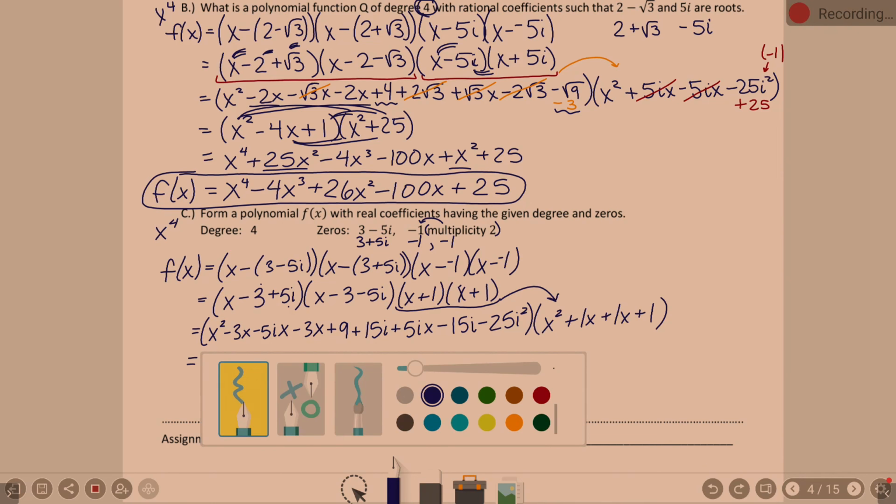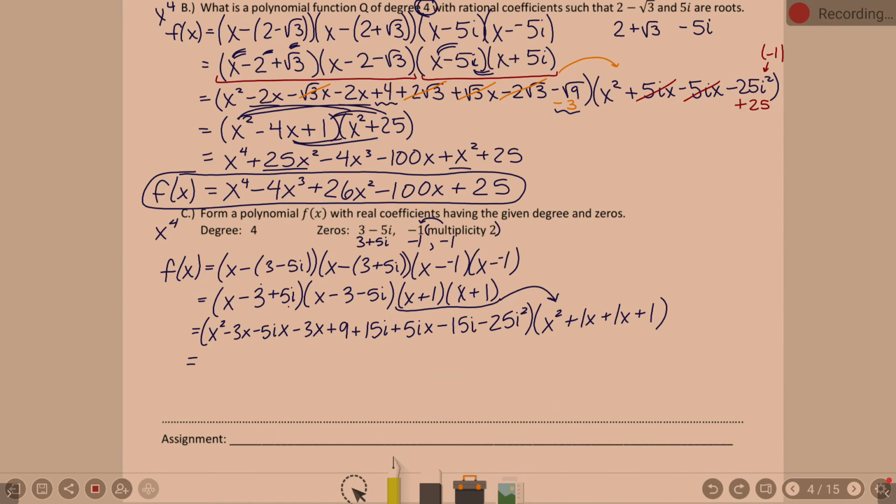As with all of these others, there's cleanup. Minus 5ix cancels with plus 5ix. Plus 15i cancels with minus 15i. Minus 25i squared is going to become plus 25 when you clean that up. There's a lot of numbers here. I know I have an x squared.